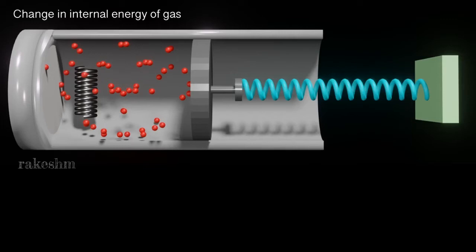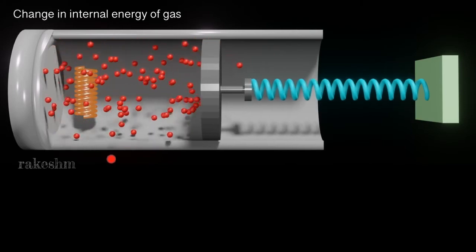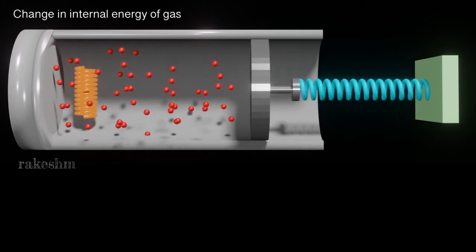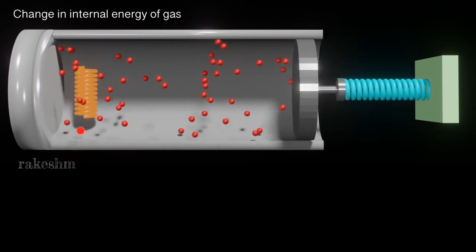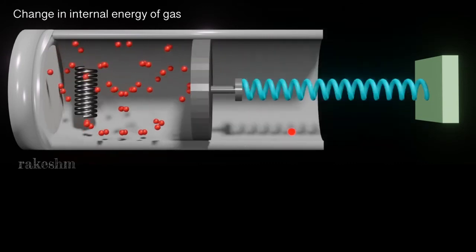If you remember, in the first question we had discussed the final temperature of the gas was 800 Kelvin and the initial temperature was 300 Kelvin. So as the temperature of the gas had increased, we can say that the gas has gained some internal energy. One more thing I wanted you to observe in this schematic is that the initial speed of these atoms is less, and finally the speed of the atoms has increased.